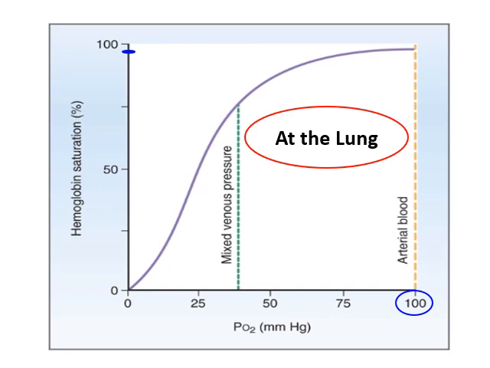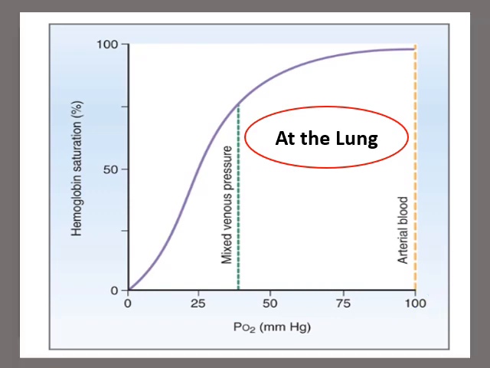The flat portion of the curve extends from 100 mm mercury to 60 mm mercury, which means that humans can tolerate a substantial decrease in alveolar partial pressure of oxygen to 60 mm mercury, such as in cases of decreased atmospheric pressure, such as in the high altitude, without significantly compromising the amount of oxygen carried by hemoglobin.